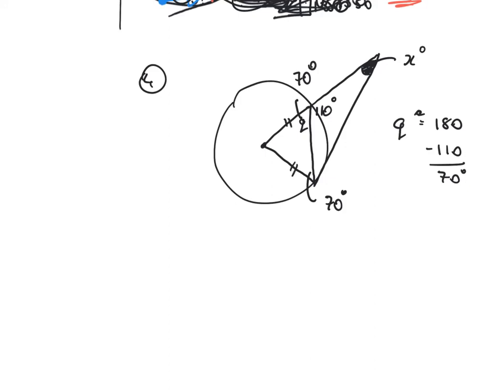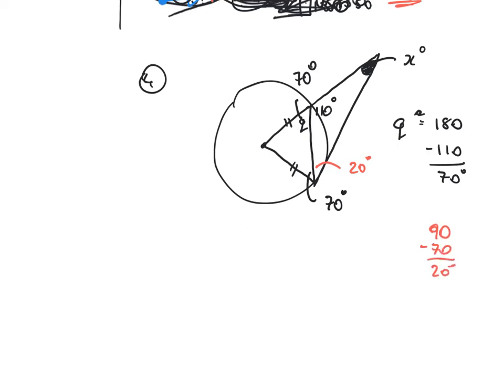Okay, now if that's 70 degrees, what I also know is that the radius and the tangent will meet at 90 degrees. So that's a 90-degree angle, which means that smaller angle in there must be 20 degrees, because it's just 90 take away 70.